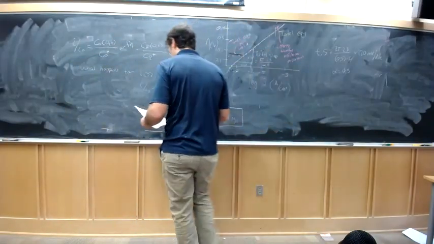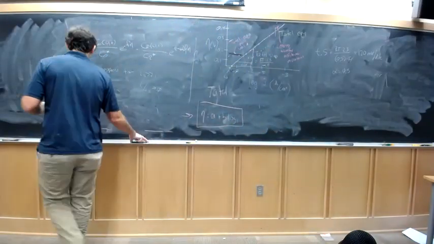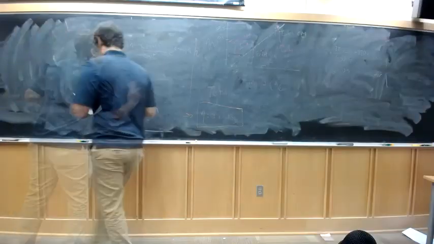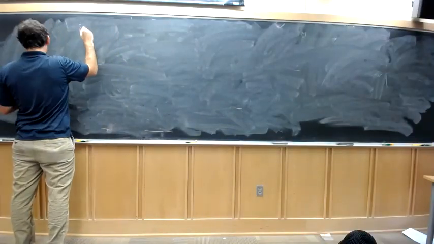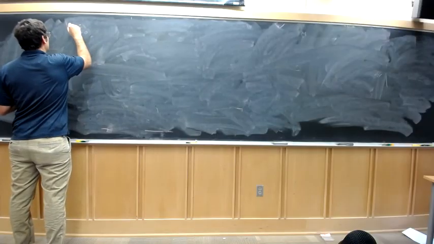Okay, so in the last 5 minutes, I want to talk about the effects of mass transfer. I should erase that so you can just have this in your notes.